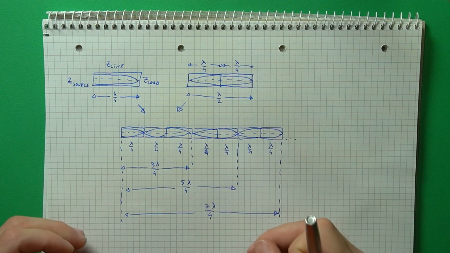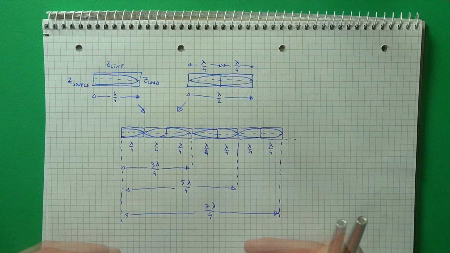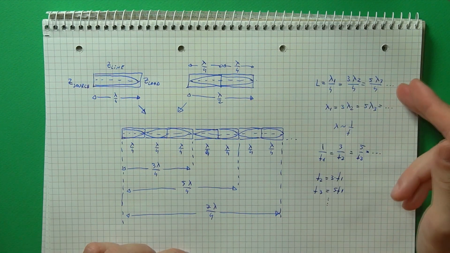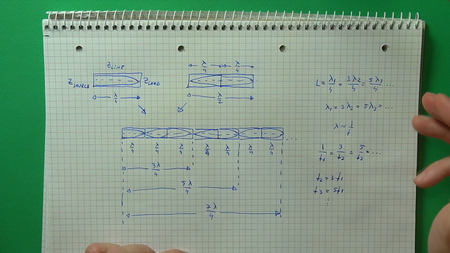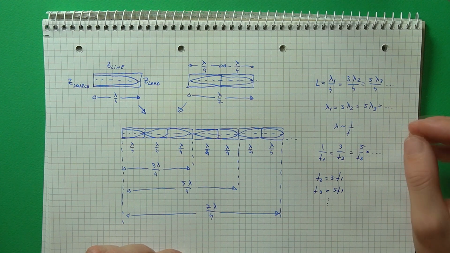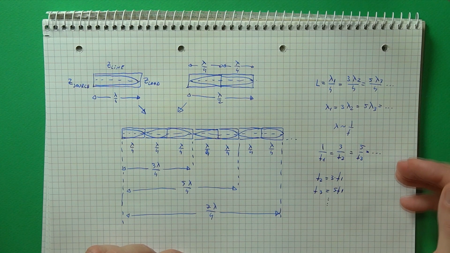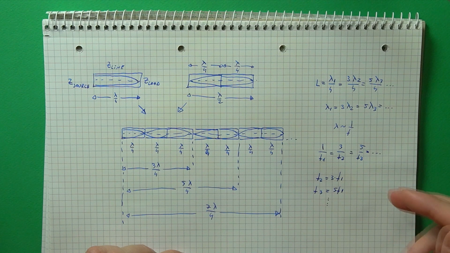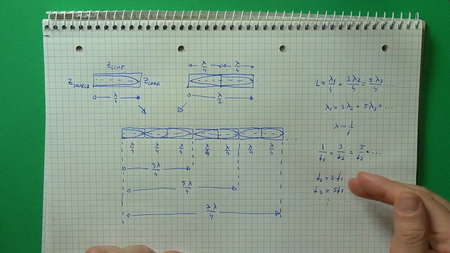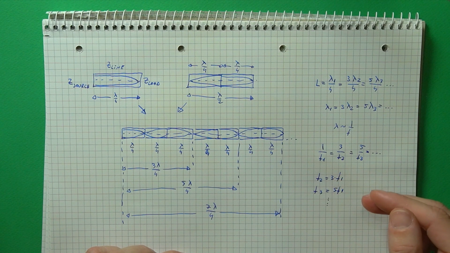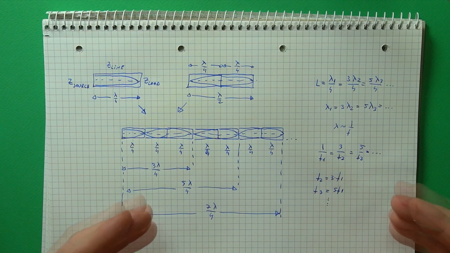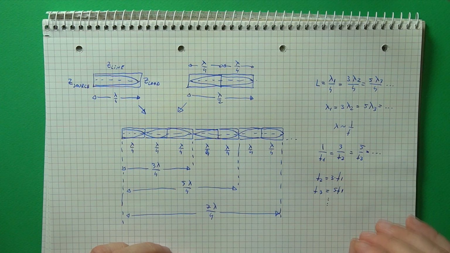So 5/4 wavelengths, 7/4 wavelengths, and so on. So for a given length of transmission line, you can determine the multiple frequencies where the phase inversion occurs and see that these are odd multiples. So from the first frequency, you go to 3 times that frequency, 5 times that frequency, and so on. So this is what we were seeing in our simulation.